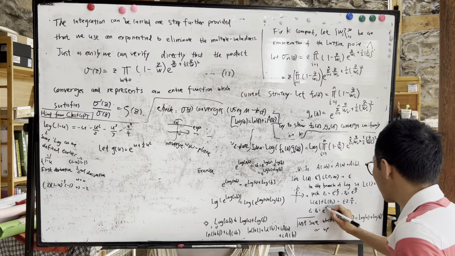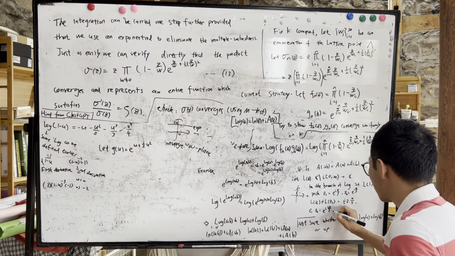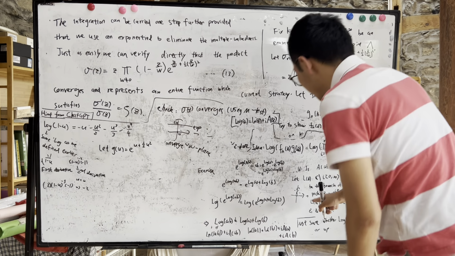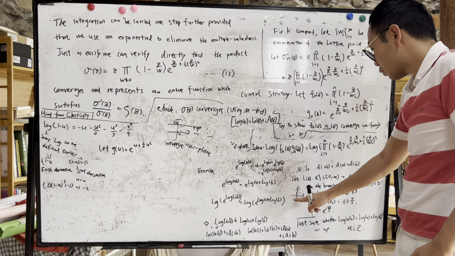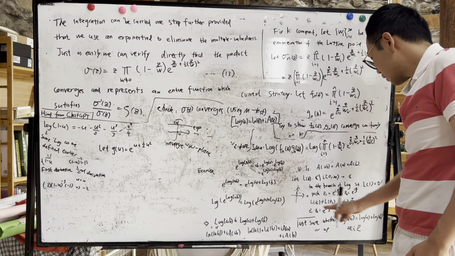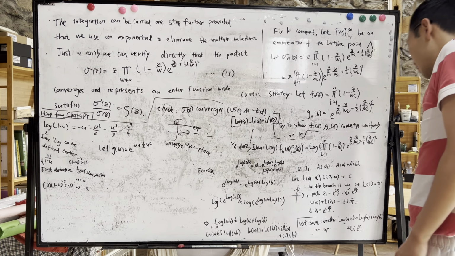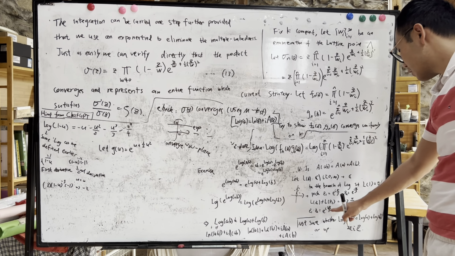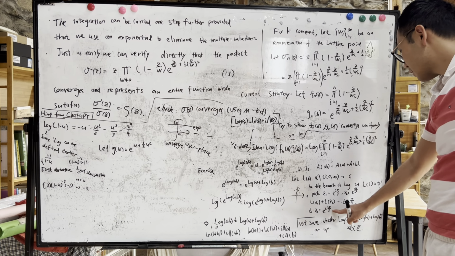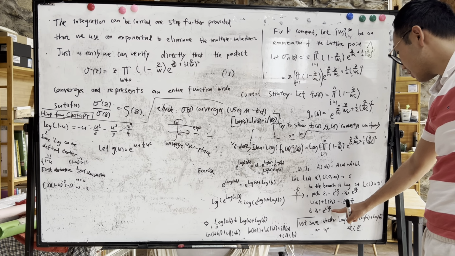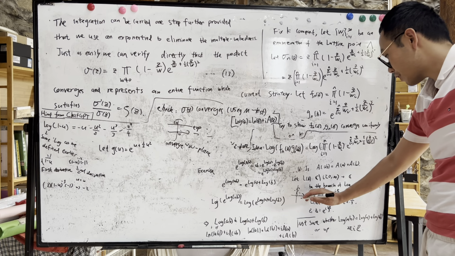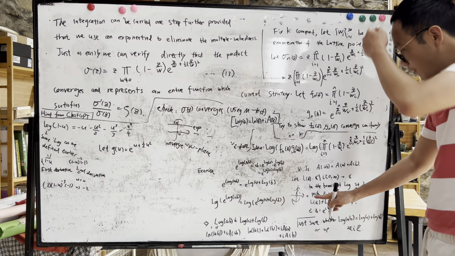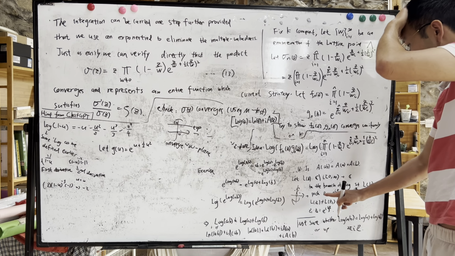equal to e to the I 2 pi over 3, right? So basically, there are points over here. And given the continuous choice of the argument function, this corresponds to some negative angle, right? So if we take the log of this one, the argument function may not be 2 pi over 3 anymore, because if it goes in this way, the angle will become negative for the log function.